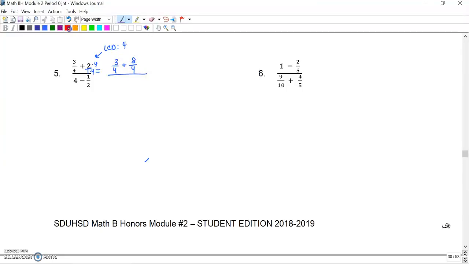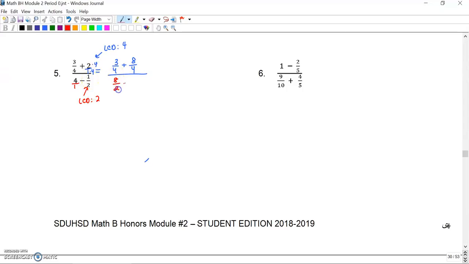The denominator, my LCD, will be 2. If you really want to get the same common denominator for all of them, I suppose you could do that, but I generally just find each one individually. Otherwise, I might have to make these fractions a little bit messier. So I like to go with my LCD for each separate one.